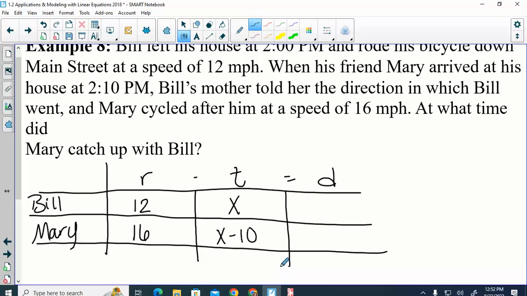Okay, there is a problem with this. Our rates, what were the units on these rates? Miles per hour. That means that any times I use have to be in hours for it to work because our rate is miles per hour. Okay, so X is fine, but the 10 is 10 minutes.